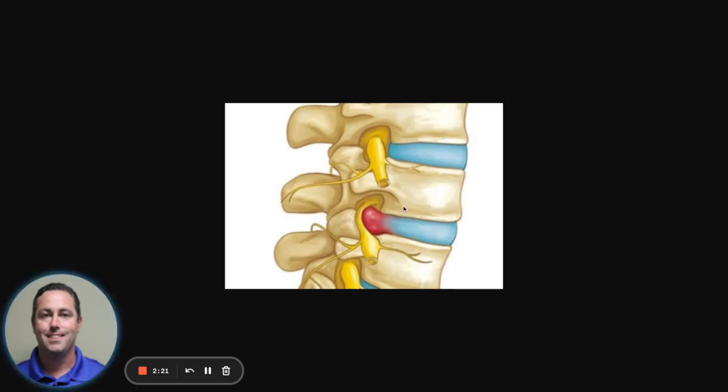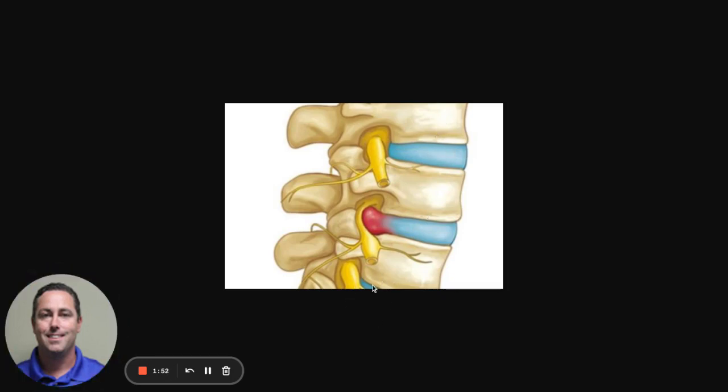So the L4 vertebrae, the L5 vertebrae, the L4, L5 disc is herniated, pinching the L4, L5 nerve root right here and giving you symptoms of possibly numbness, tingling, burning, weakness going down your leg from your buttock, down the back of your leg, wrapping around the outside of your knee, down the front of your shin to the top of your foot, possibly all the way towards the big toe. That's how we could determine that it's the L4, L5.